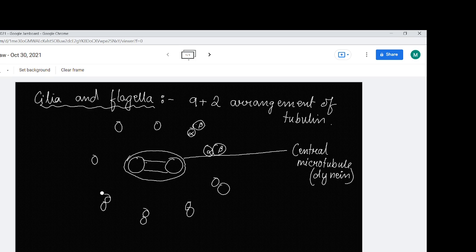So this is the arrangement in flagella and cilia. These are connected with a small filament to a spoke which is very near to the central microtubule. This is attached to the sheath of the central microtubule, and the alpha tubulin will give out two arms.